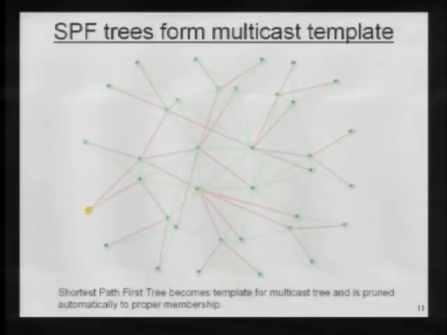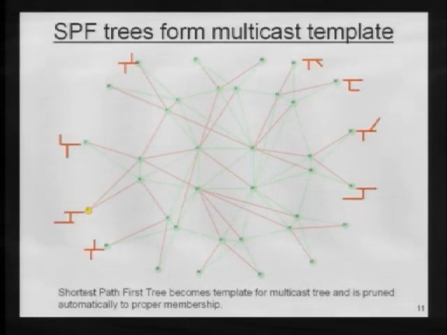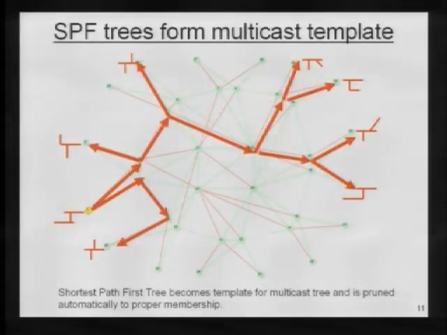So in terms of multicast, what happens is the shortest path trees, which are available from any given node, are used as a template for the multicast. So here's the shortest path tree from node 1 to all of the other nodes in this network. And if I assign a set of edges to be members of a particular group, a particular layer 2 VPN, then a subset of the shortest path tree is used as a template for the multicast.